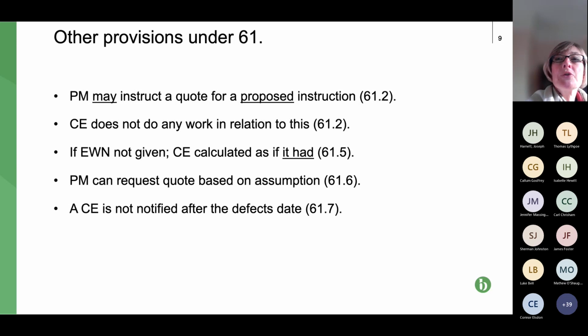Probably the first way of dealing with it is to approach the PM and say, look, can we make the quote on these assumptions? And if the PM says yes, you can, then that's fine. If the PM refuses, the only practical way of providing a quote might be to put in some assumptions, but there is a risk to doing that.